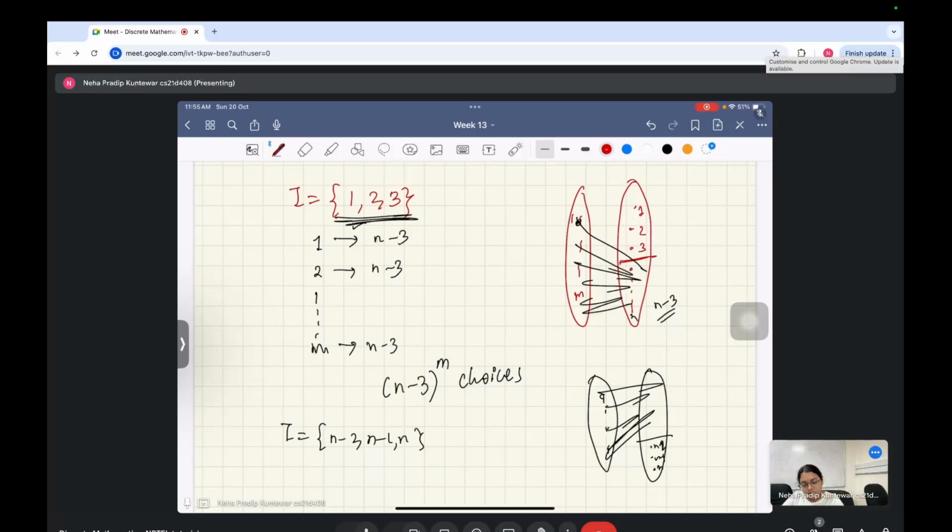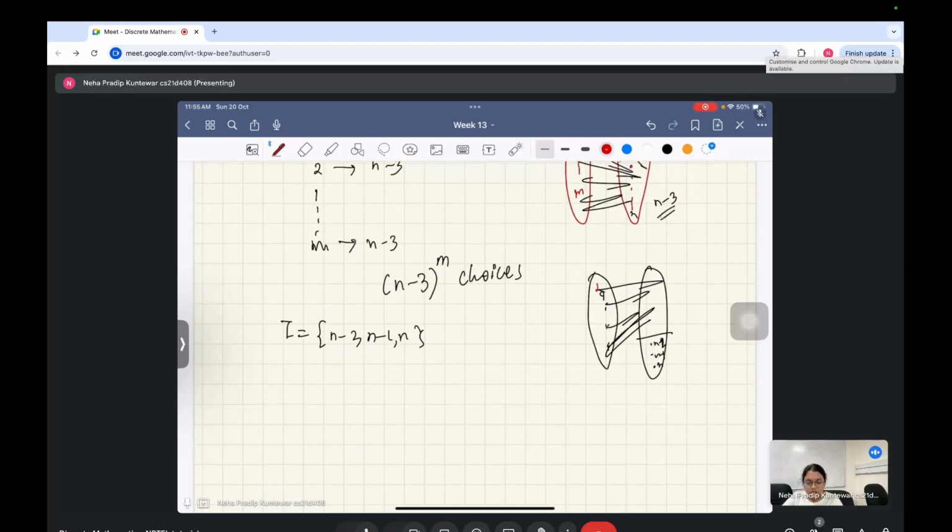So again, let's ask the question: for the first element here, how many choices do I have? For the first element, there are n minus 3 choices. For the second one, there are n minus 3 choices, and for the mth one also there are n minus 3 choices. So the number of functions that you end up getting is (n minus 3) to the m.